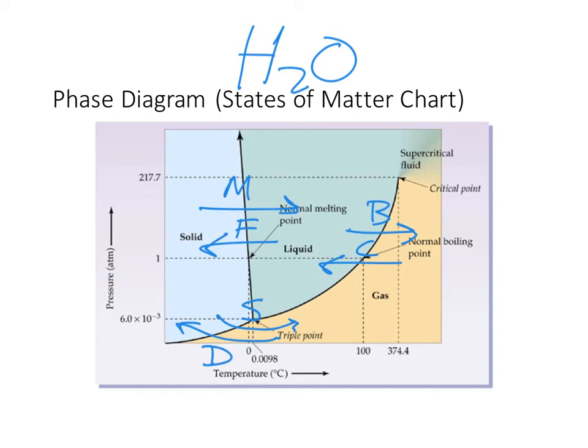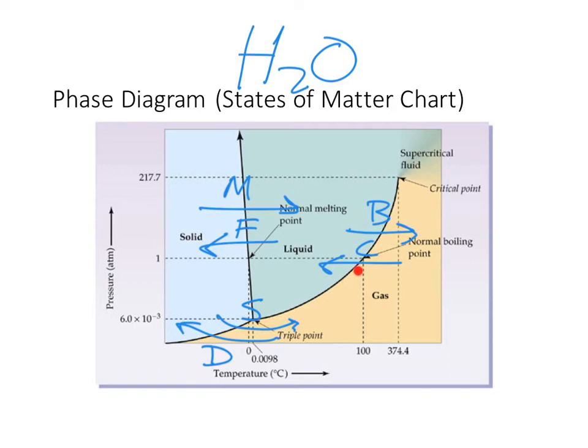Okay, so a couple of other features I want to zero in on when it comes to phase diagrams. Take a look at this point right here. I've covered it up with my S, but hopefully you can still tell that we have three line segments coming together. These line segments all represent the equilibrium positions between the two phases they connect. So this line here is the equilibrium line between solid and the liquid phases.